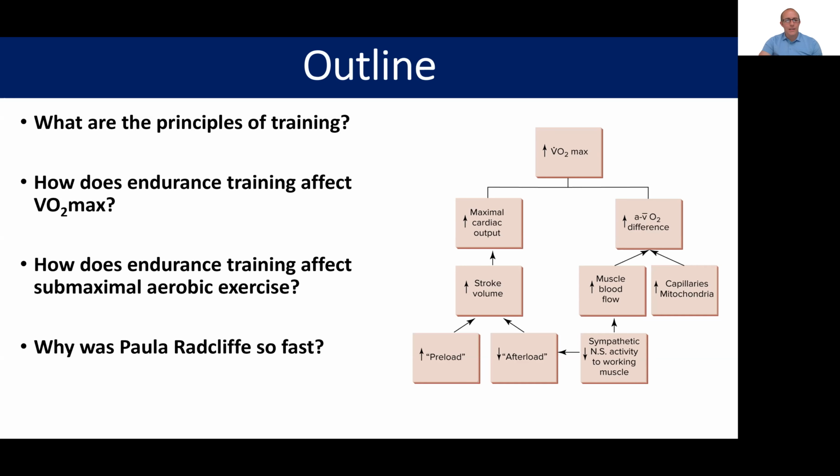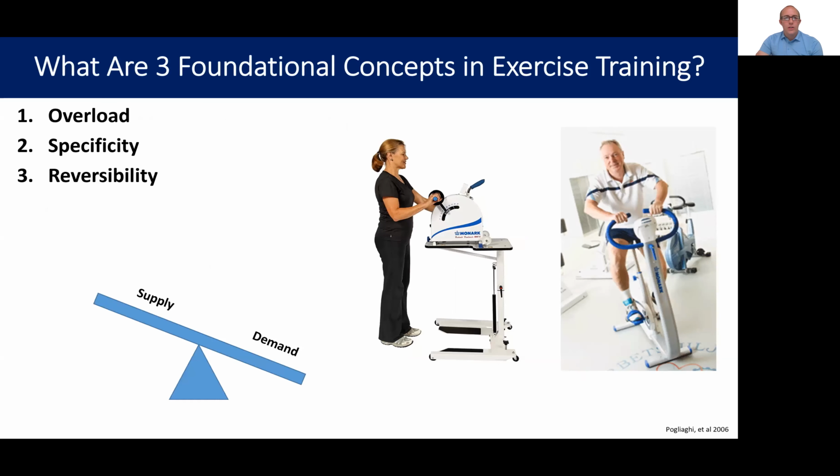And then finally, we'll tie it together by looking into a really cool study that examined why the former world record holder for the marathon, Paula Radcliffe, why she was so fast. We have a lot of physiological data on her, and it illustrates a lot of the adaptations that occur with endurance training.